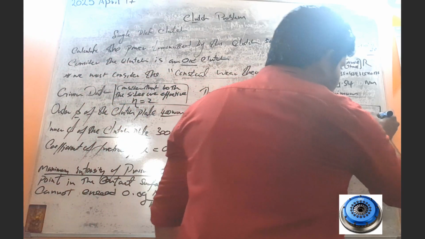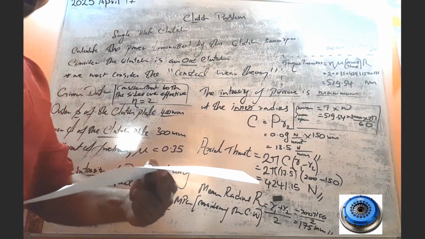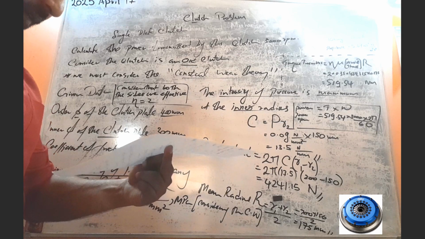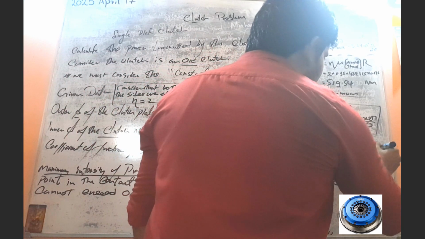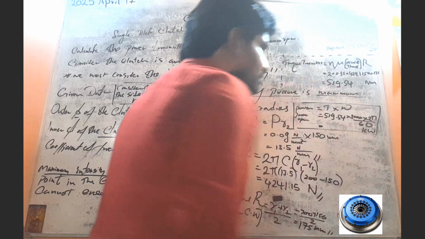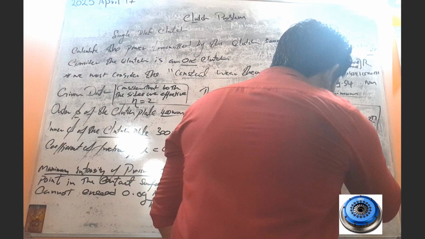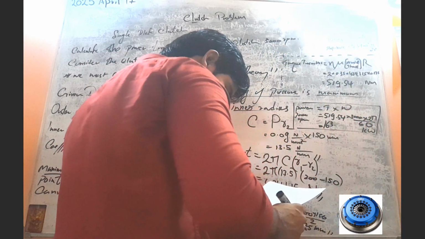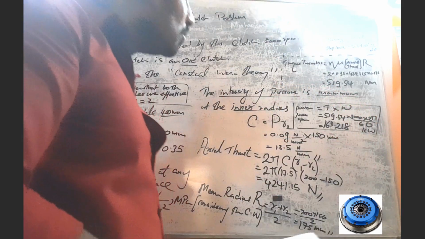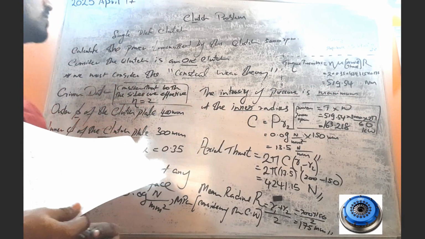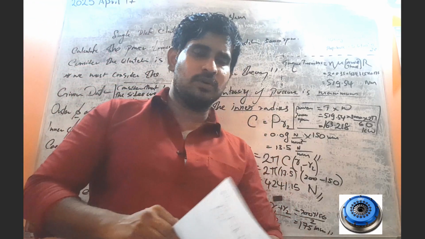So 3000 multiplied by 2 pi divided by 60. So what is the final answer? The final answer in kilowatts will be 163.218. So this is how you should solve this type of problem. And good luck for your examination.